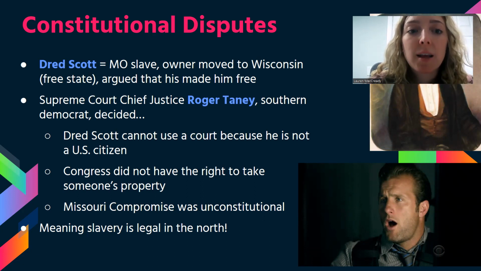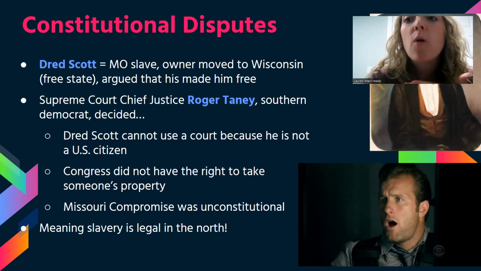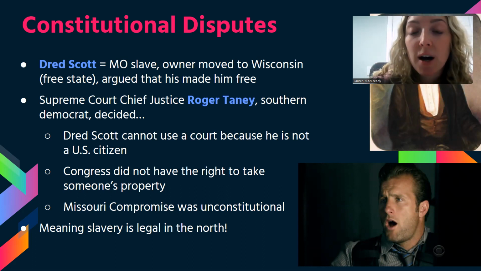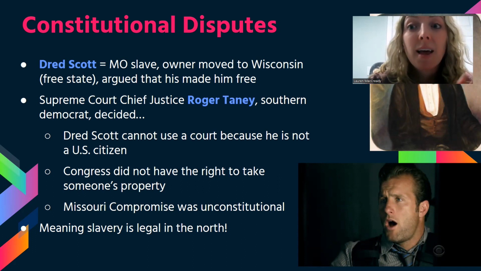Dred Scott is the way that the federal government really solidified the stance on once a slave, always a slave. That's just how we interpret the Fugitive Slave Law. It doesn't say that, but when you really look at it, you're like, isn't that kind of what that means? But they don't say it. Here, they say it, like it is on paper. This is how the federal government, the Supreme Court specifically, is deciding.